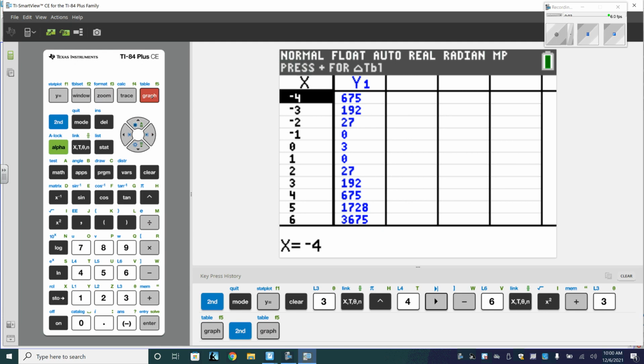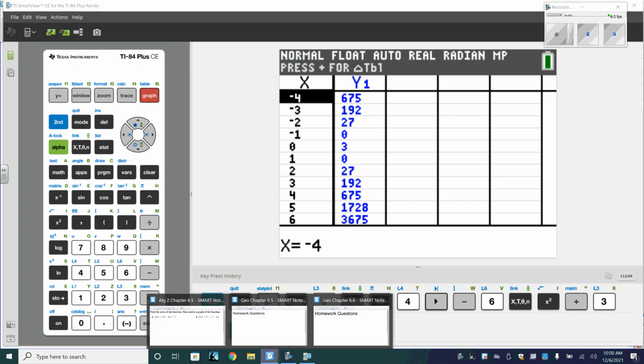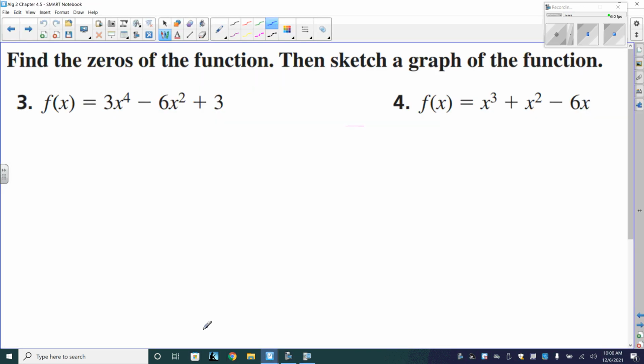Any questions on how we found this here? So x is equal to 1, -1, and most likely we're going to have 1 and -1 again. We'll have it twice because we're looking for 4 solutions.